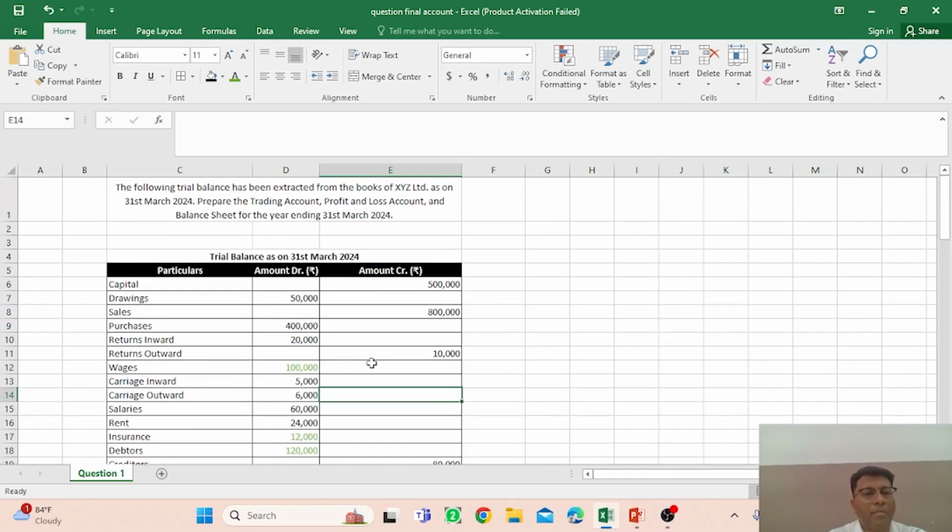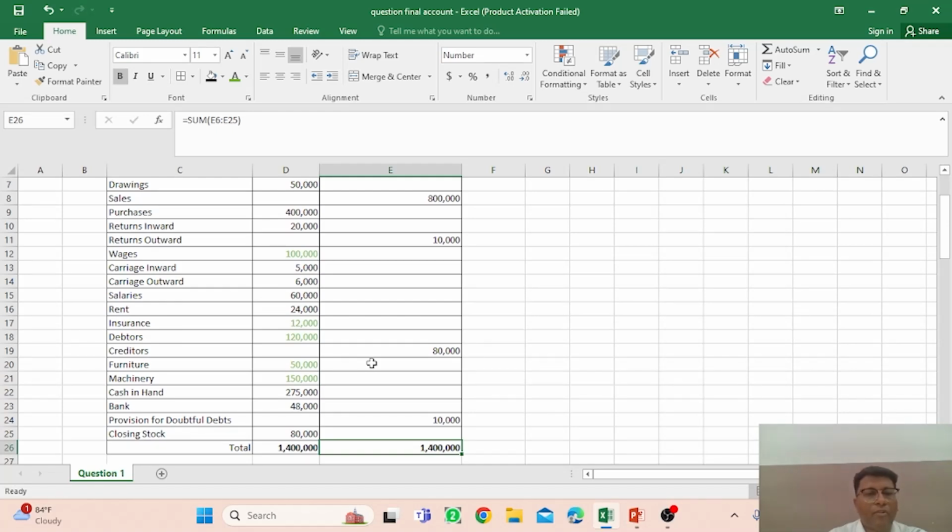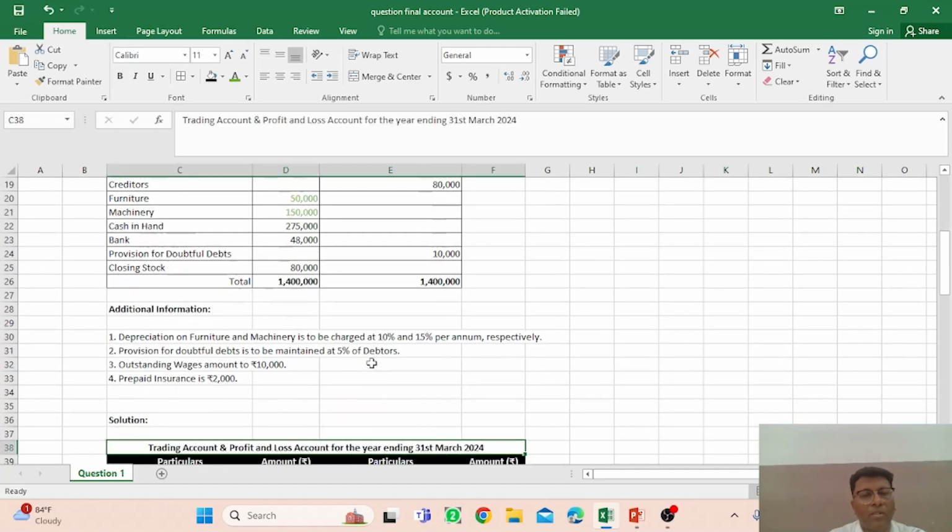And there may be a particular sequence that first you write the fixed assets and after that the current assets, but right now in this question I am ignoring that, and we just focus on filling the items from the trial balance to the financial statement, right? So debtor 1,20,000 with adjustment and creditor rupees 80,000.